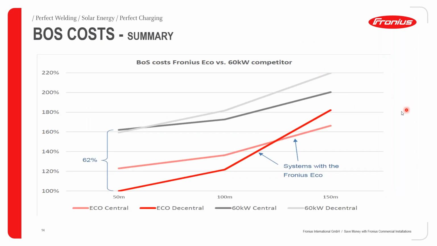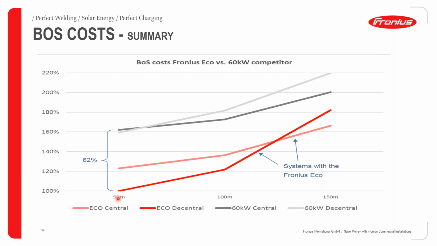Let's now proceed and look at what this means in terms of the actual cost advantage comparing the two system setups. In red here and the faint red here, we have the comparisons for the Fronius Eco. This is the central setup, and the solid red line here is showing the decentral setup.